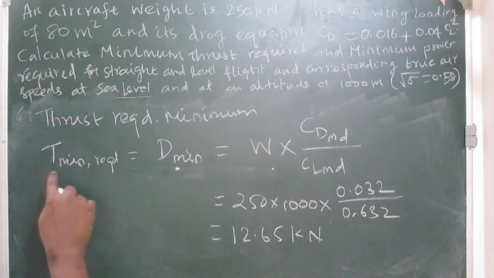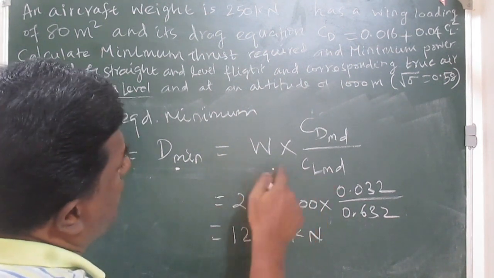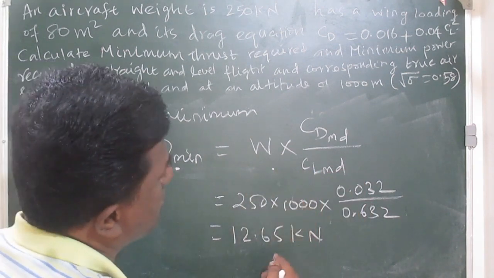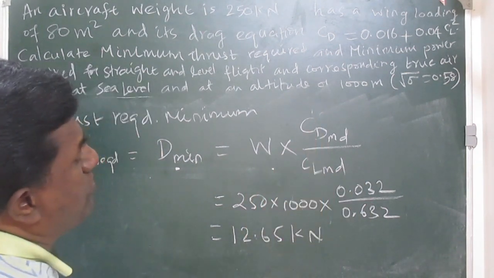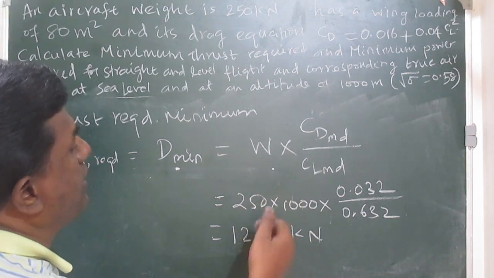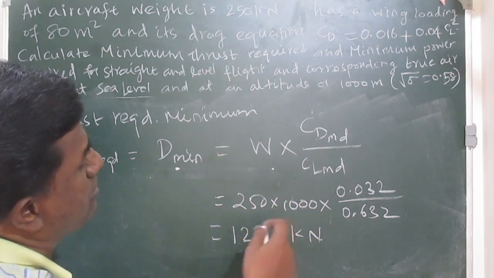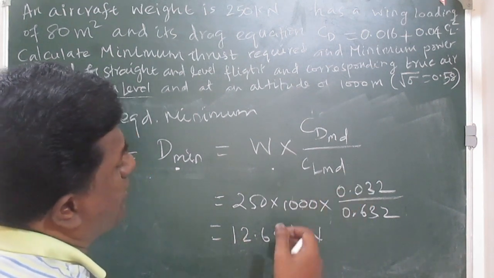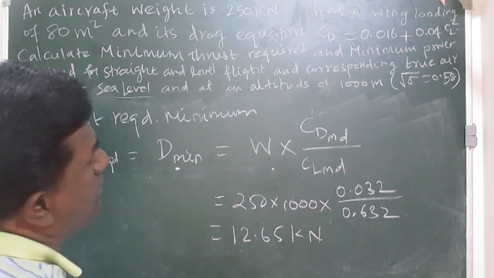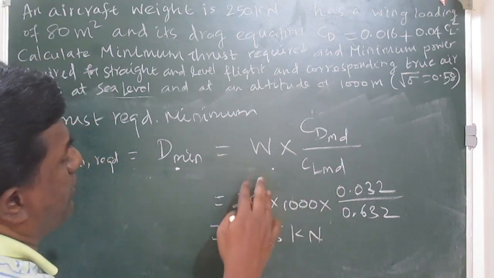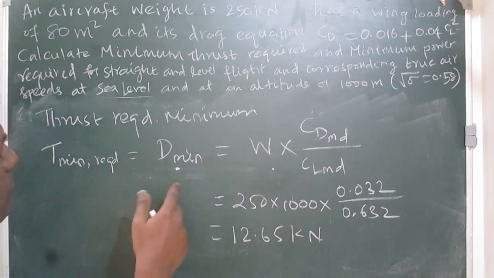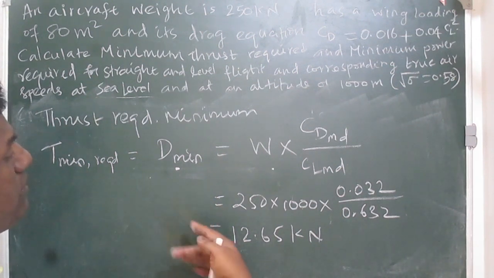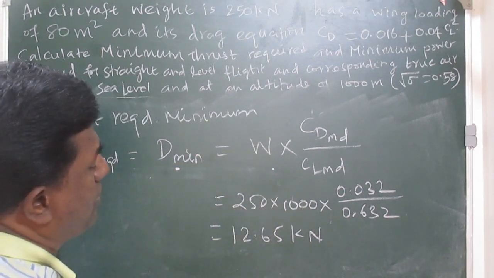For finding the thrust required minimum we are using this formula, in which we don't have any parameters which reflect the variation of the altitude. Generally variation of the altitude is represented by using the density. There is no density parameter to represent the altitude, so this one will be the same at every altitude. That is what we have to understand.